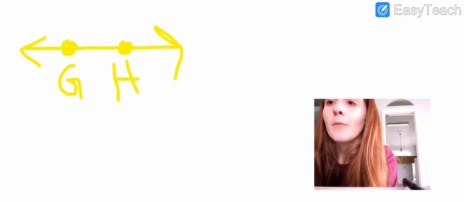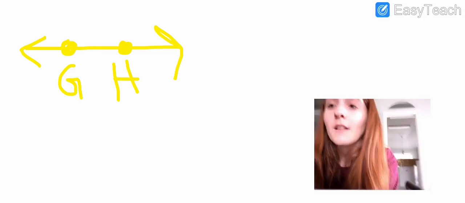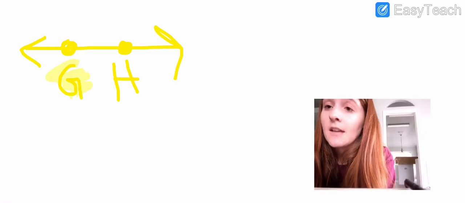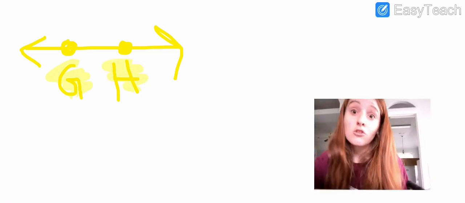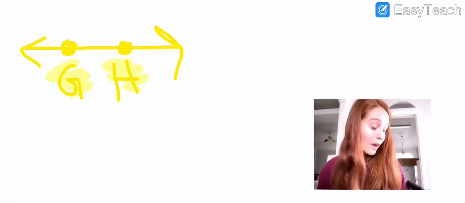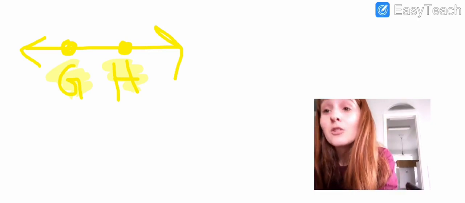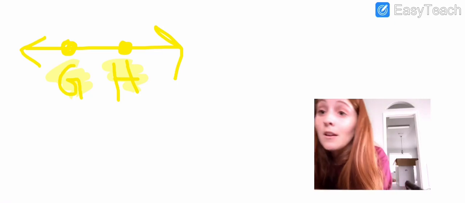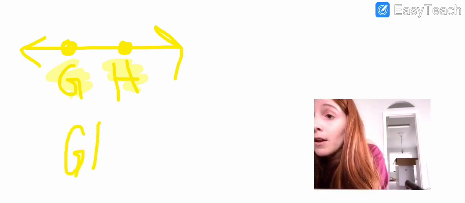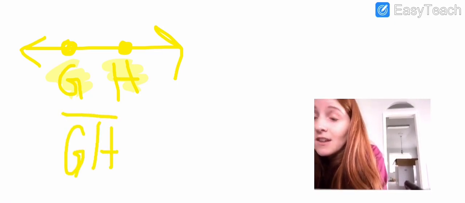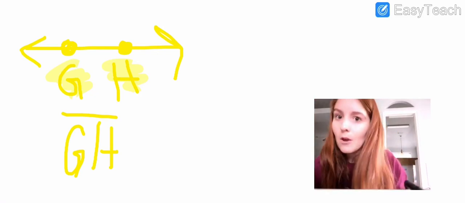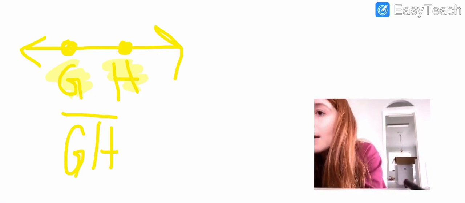We're going to start from left to right like normal. If I look at it from left to right, it has letter G and letter H. Those are the letters that we're going to use to name our line. But then in order to clarify that it's a line and not a line segment, instead of just leaving it as a line with no arrows, we need to add arrows above it.